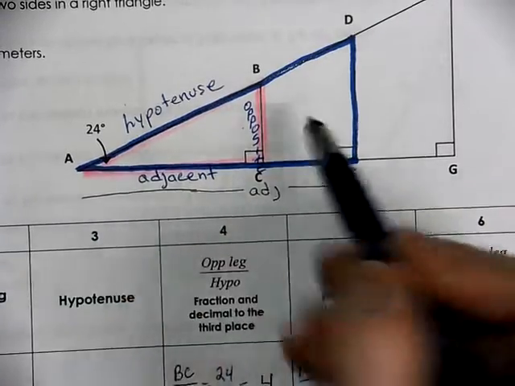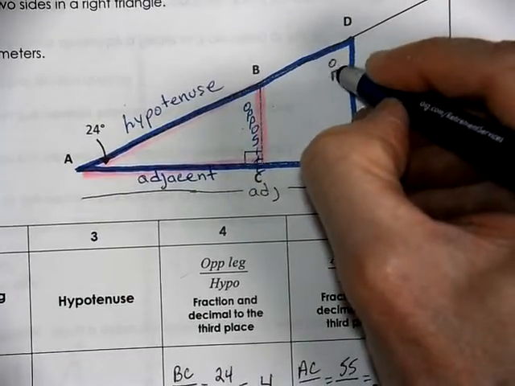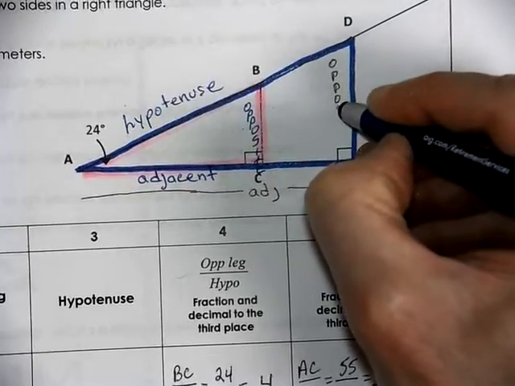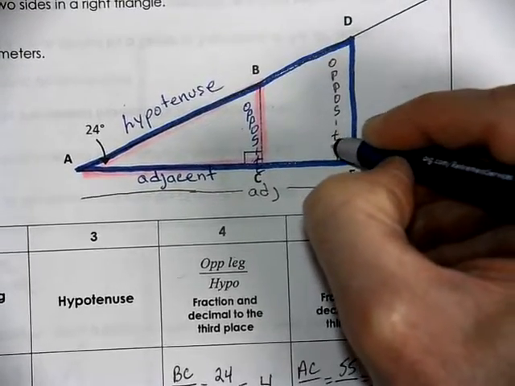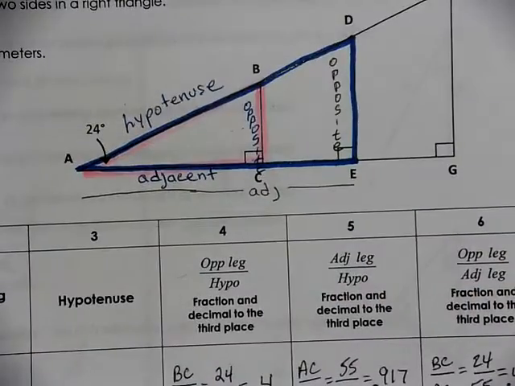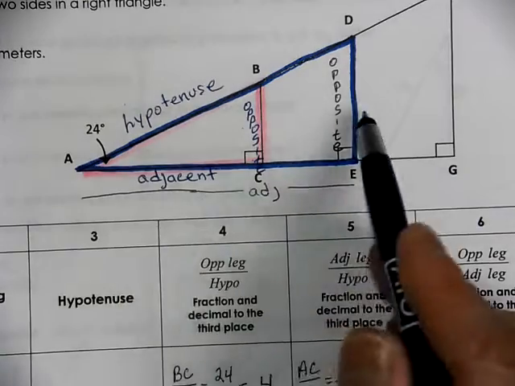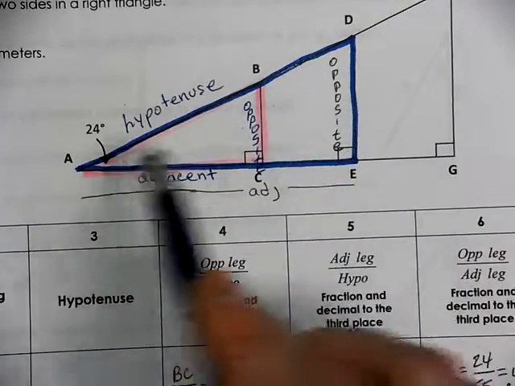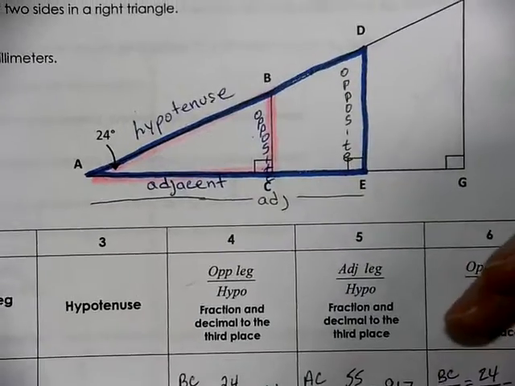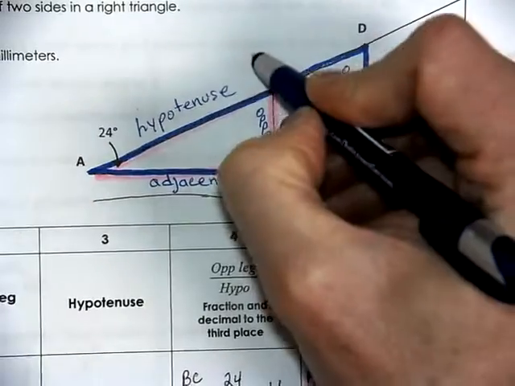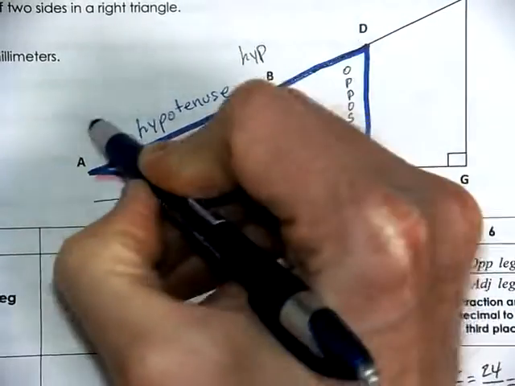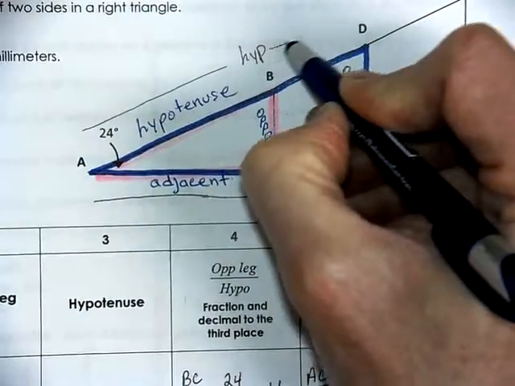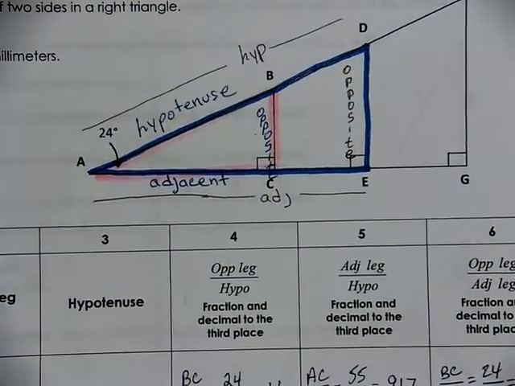The side opposite would be way off on the other side, not touching the A actually. And then the hypotenuse, of course, is abbreviated HYP often, and that would be that side.